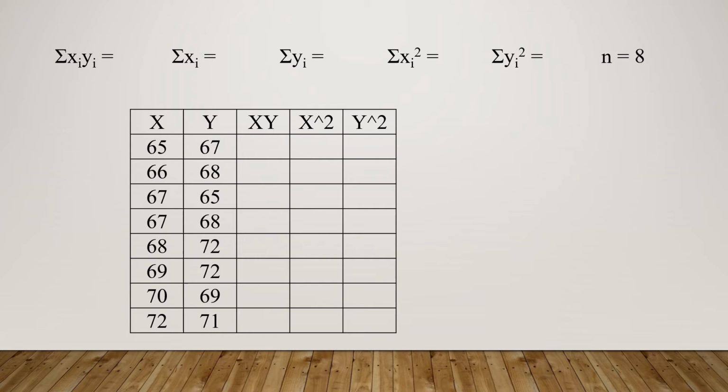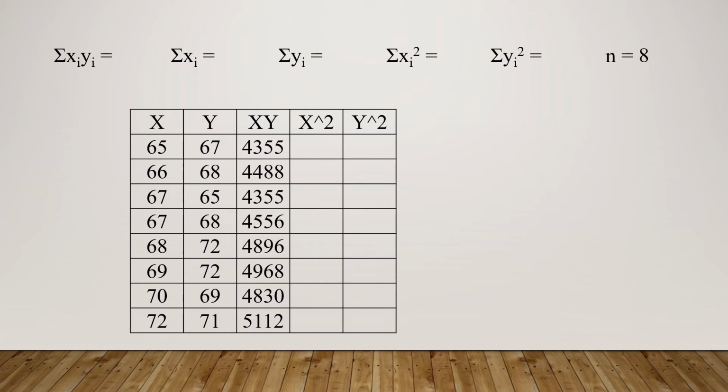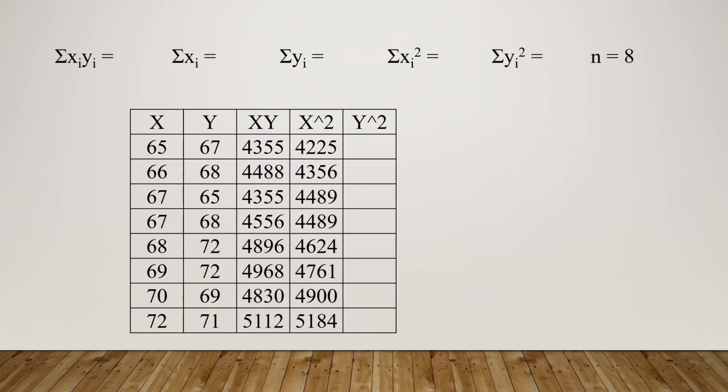So the values of x into y that I get are as follows. Next, I need the values of x square, that is x raised to 2. So I need the value 65 into 65, 66 into 66, 67 into 67, so on and so forth, which come out to be these.